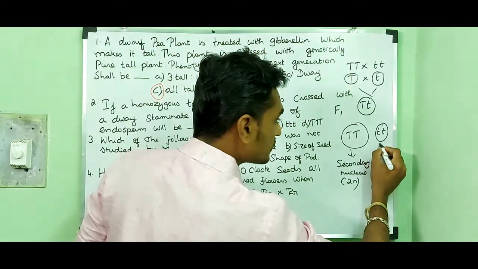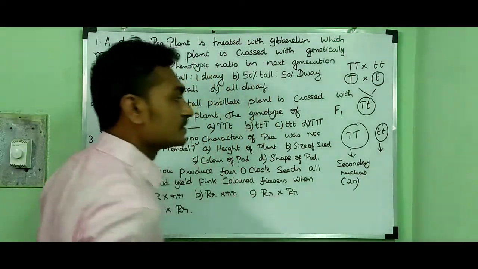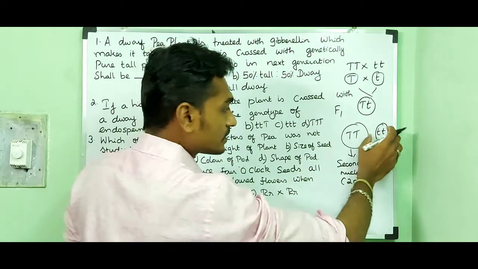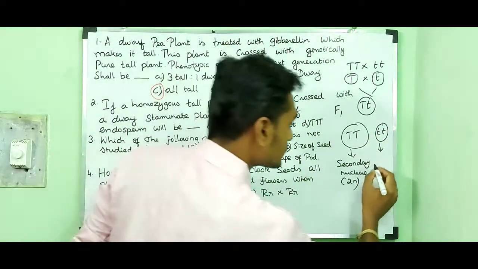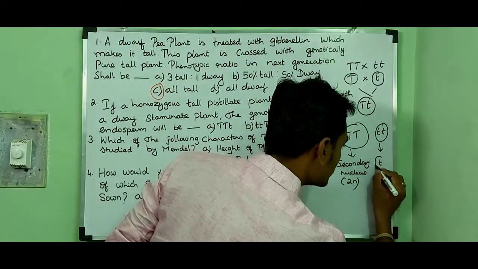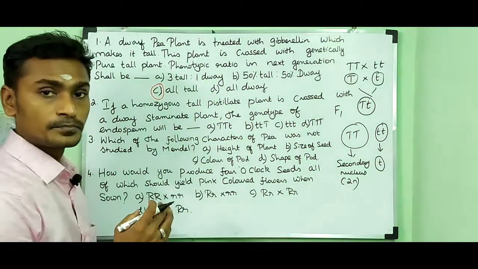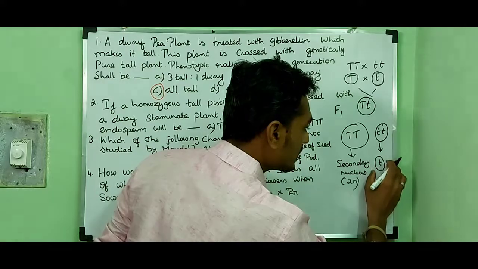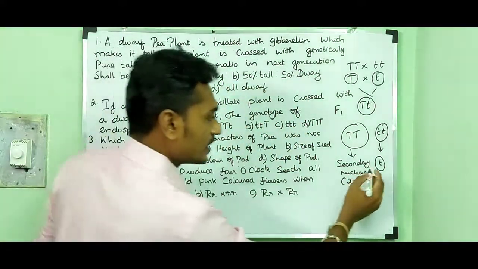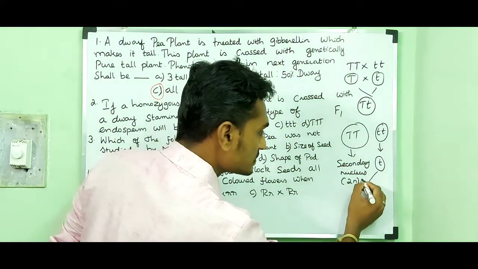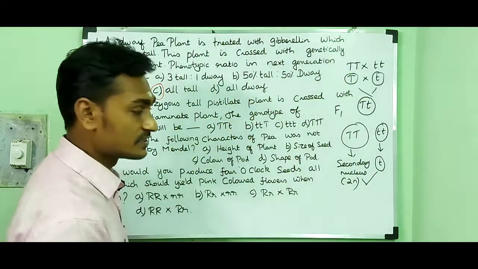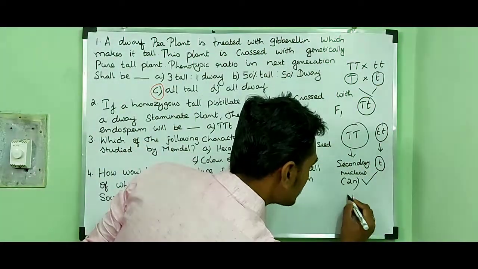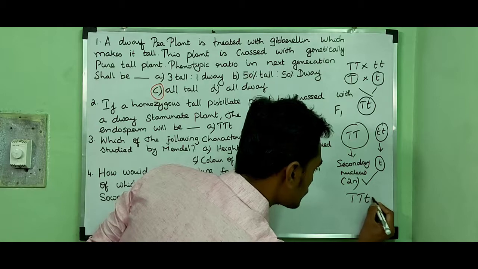While in the case of the staminate, it undergoes meiosis and the alleles get segregated, producing a male gamete with small t. This male gamete fuses with the two nuclei of the secondary nucleus, resulting in capital T, small t.